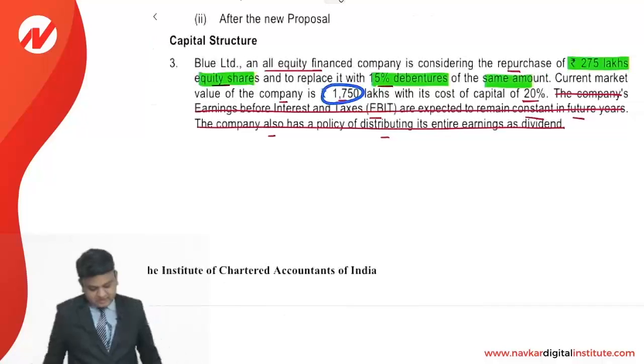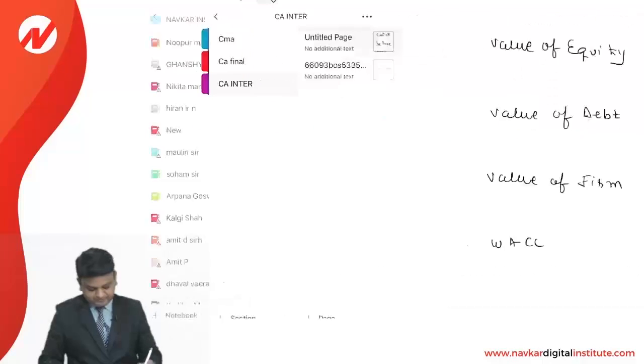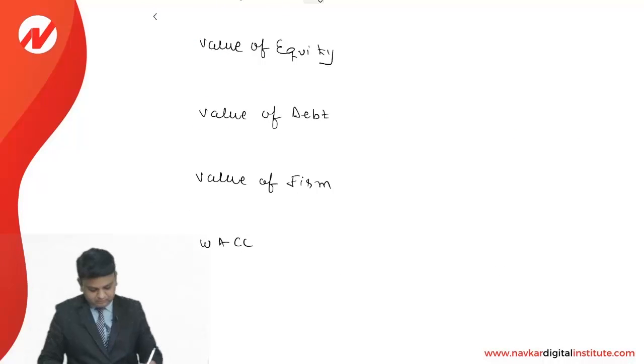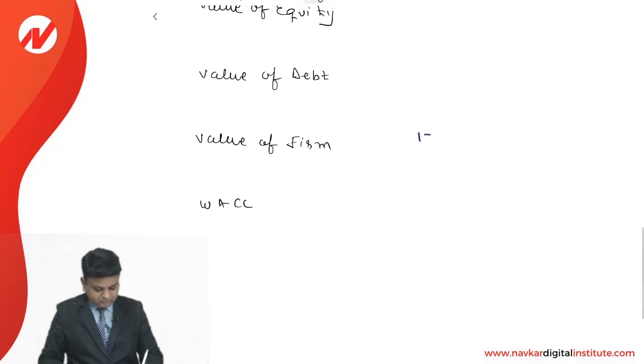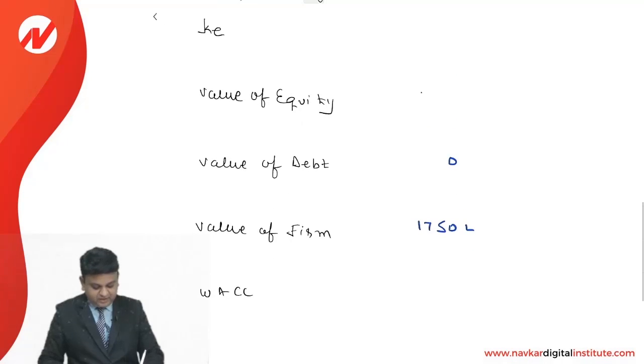We can see that over here information is provided to us that current value of the firm is an amount of rupees 1750 lakhs. Value of the debt is 0. Value of the equity is 1750 lakhs.